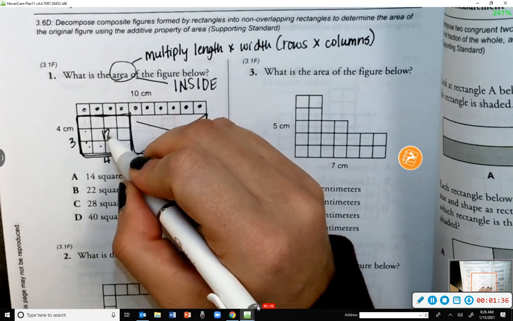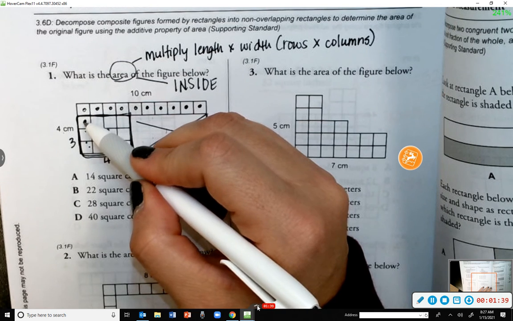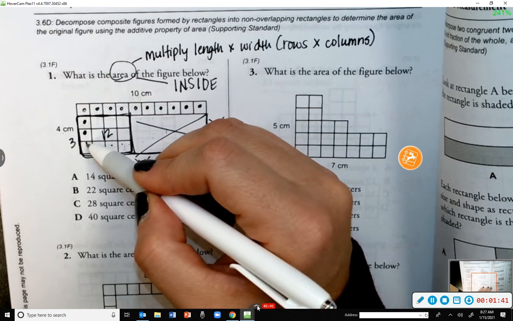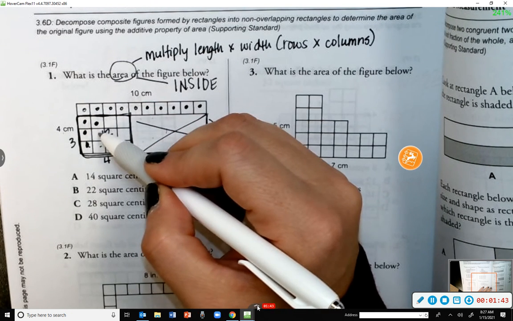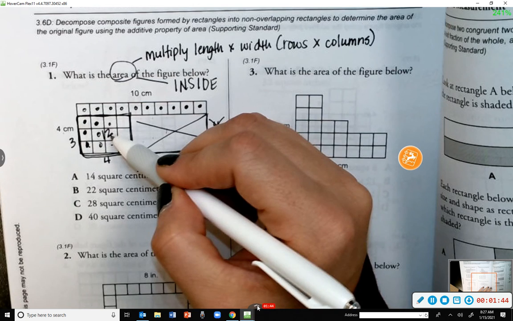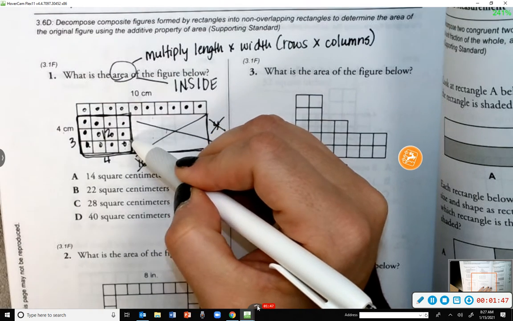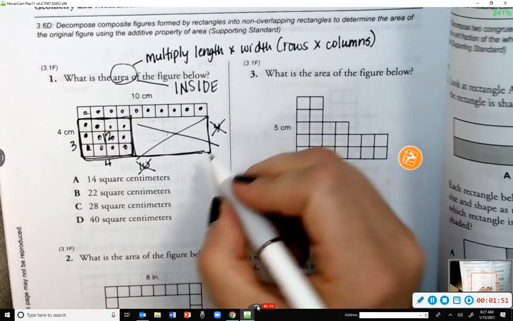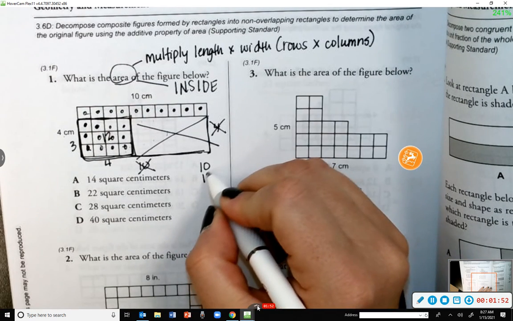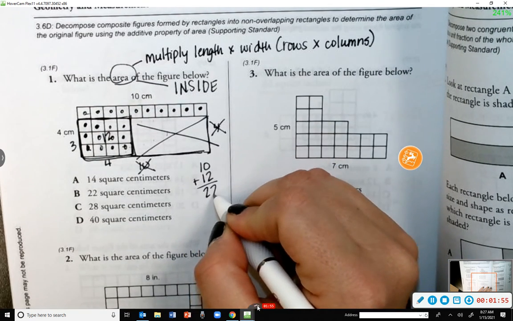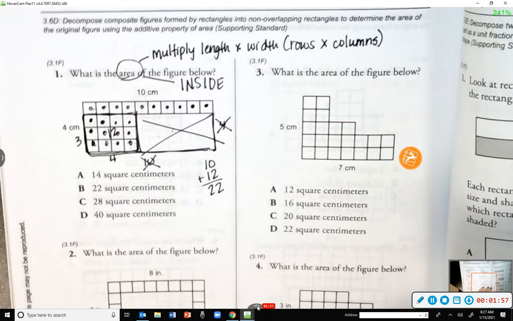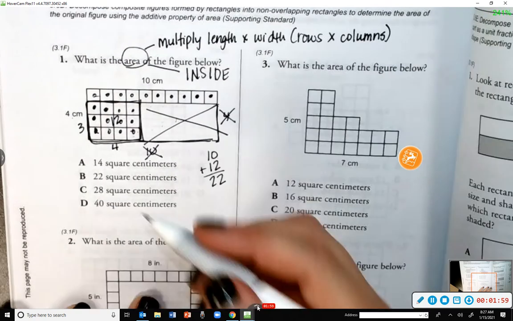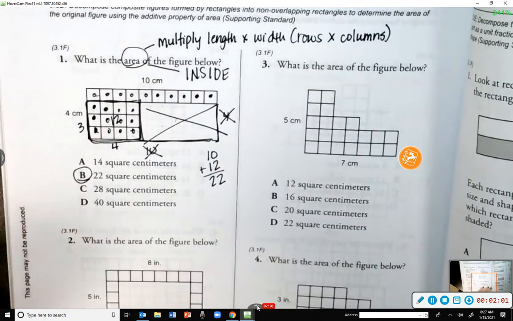So there's 12 squares in here, but I could count just to make sure. 3, 4, 5, 6, 7, 8, 9, 10, 11, 12 in this section, and then we counted 10 going across. So 10 plus 12 is 22 square centimeters. So B was correct.